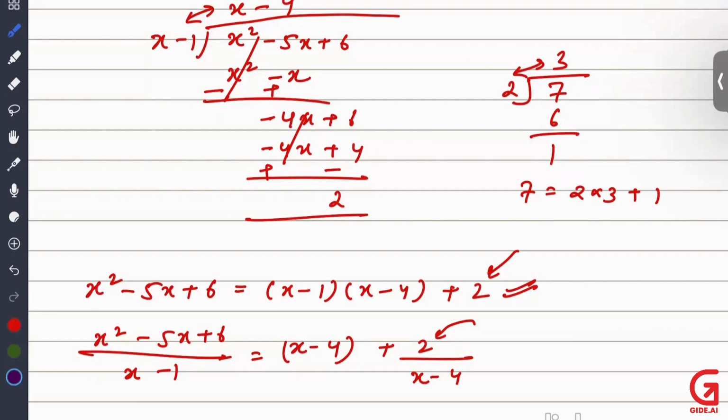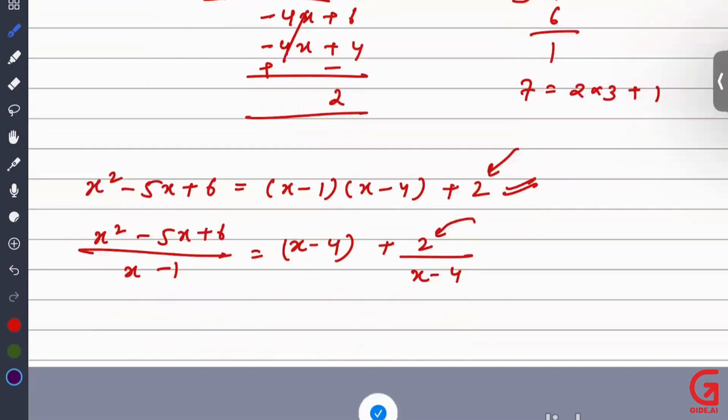Okay, I said that if you divide a function or a polynomial, let's say f(x) is equal to x squared minus 5x plus 6, which is (x minus 2)(x minus 3). If you divide it by, what were the factors? x minus 2, x minus 3, because 2 and 3 are the roots.